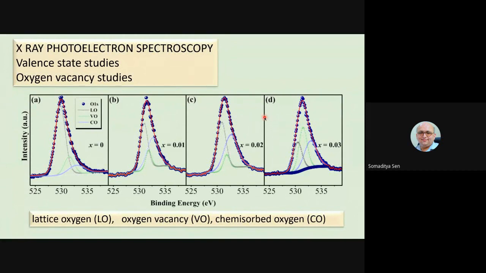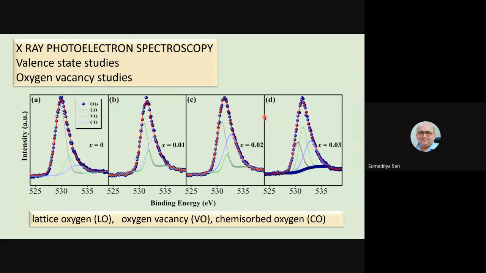What do we mean by 3 different types? Some oxygen can be a lattice oxygen, which is well placed in the lattice. Some oxygen may be a vacant oxygen space. So there is no oxygen, but one oxygen was supposed to be there.